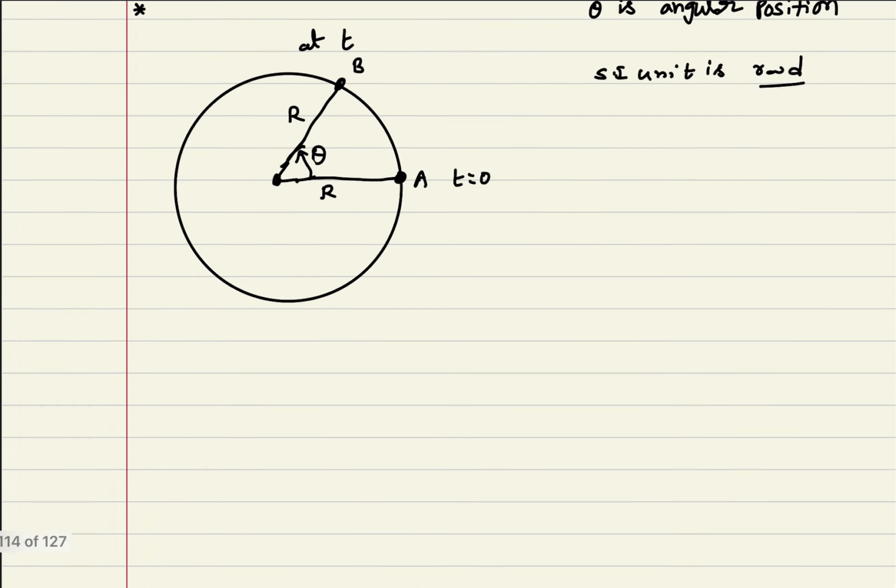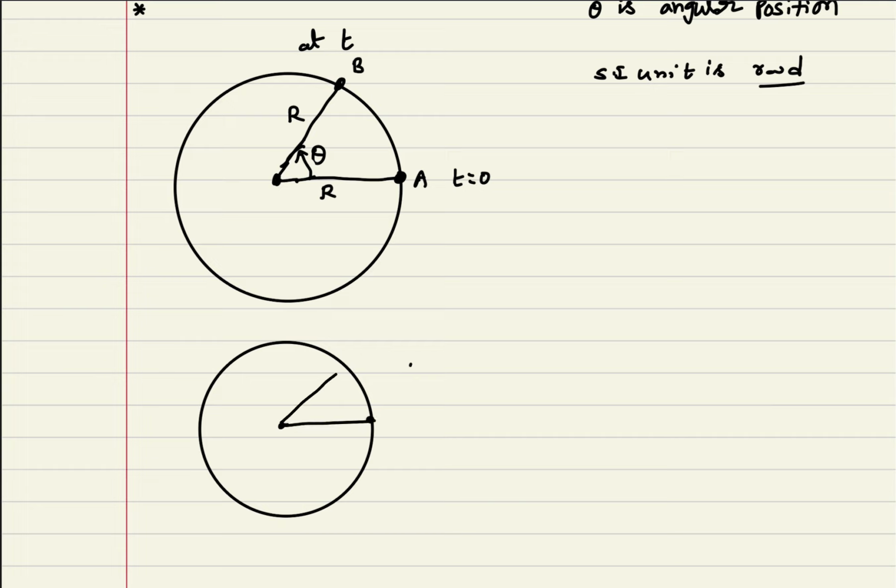Okay. Now same thing, if I take any particle moving from a certain point to another point. Initially it is having theta 1. Now you consider this at t equal to 0. After some time it is moving to a certain location.